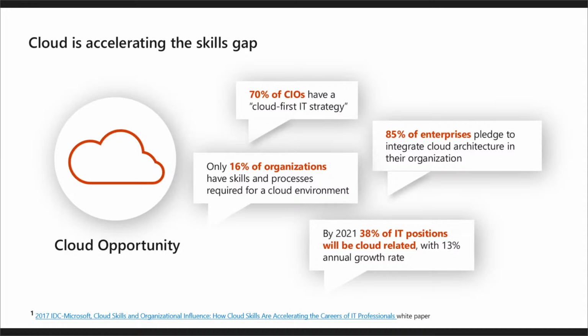And because of this, only 60% of the organizations find that they have the right skills. So the remaining organizations feel like they really need a skilling plan so that they can move their people or their team from on-prem to the cloud.